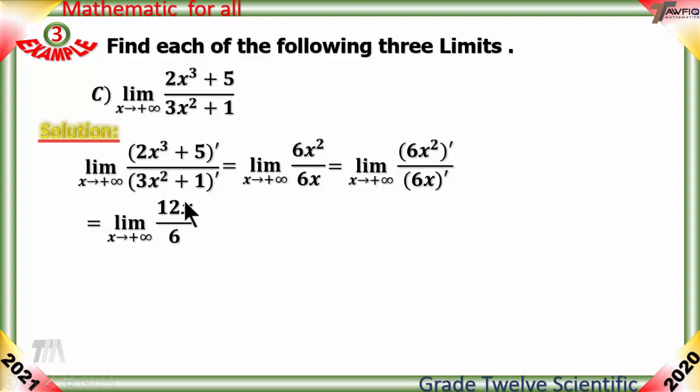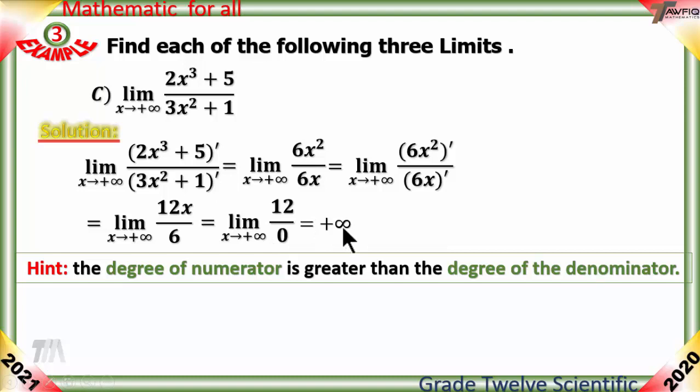Because we have x at the numerator, the answer of this limit is infinity. Maybe it is positive infinity or negative infinity. To know that, multiply the sign of the x at the numerator and the sign of the denominator. Positive times positive times positive, it is a positive answer.